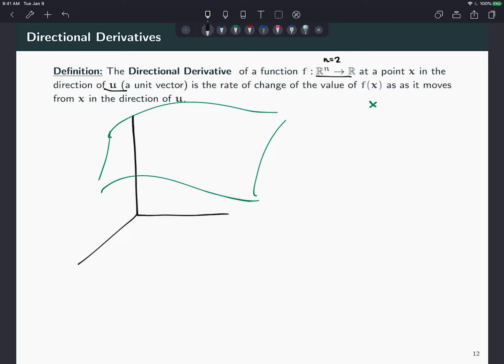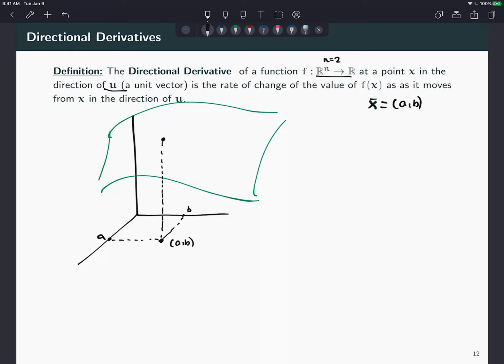That's going to be my point (a, b). So that means a in the x and b on the y. So this is my point x somewhere down here. And I'm going to think of the value of that function at that point gives me a point up here in the surface.